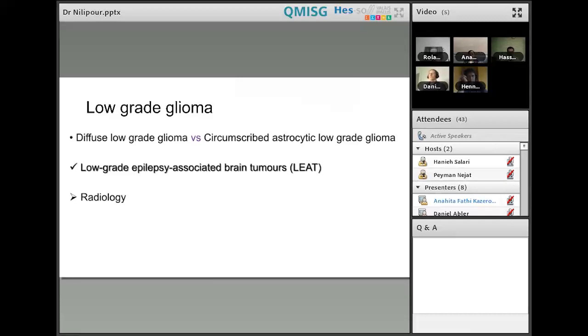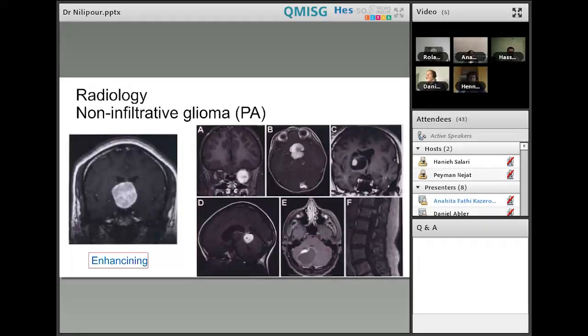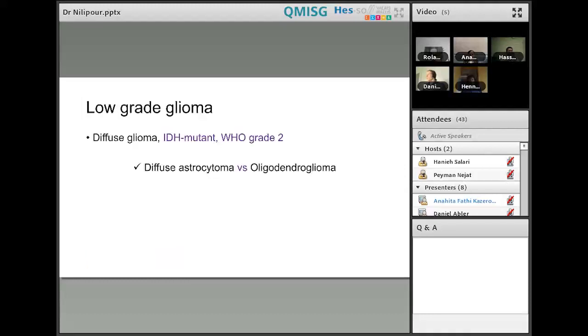Here, it's not readable, but it's a long list of essential molecular techniques for different gliomas. You can see it's a long list. And finally, I want to emphasize, if we are using the term low-grade glioma, we have to be careful: are we talking about diffuse low-grade glioma versus circumscribed astrocytic low-grade glioma?